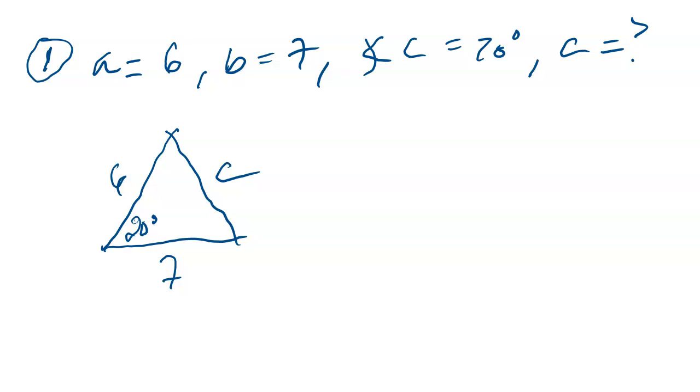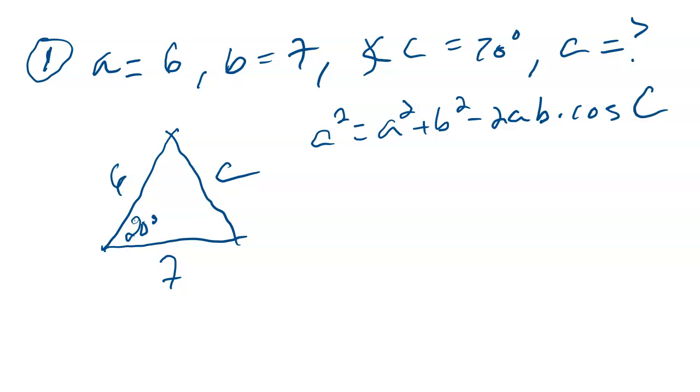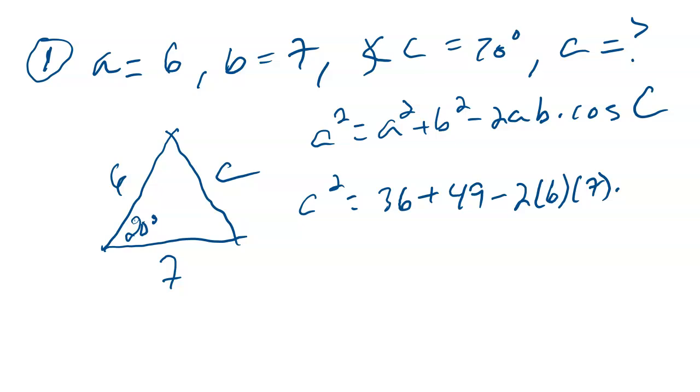So therefore, I'm going to use the form C squared is equal to A squared plus B squared minus 2AB times cosine of C. Plugging everything in, I get C squared, which I don't know yet, is equal to A squared, 36, plus 49, minus 2 times 6 times 7 times cosine of 20 degrees.